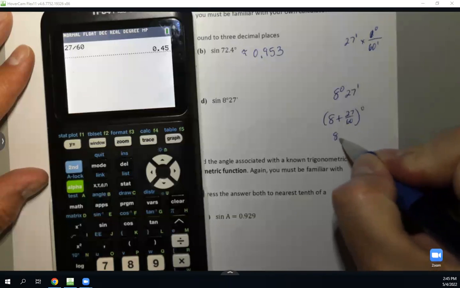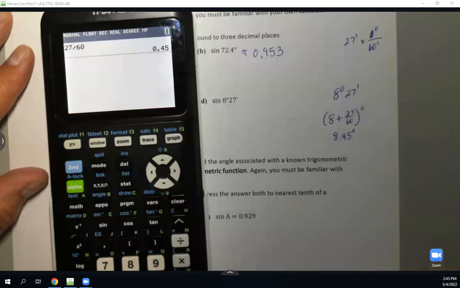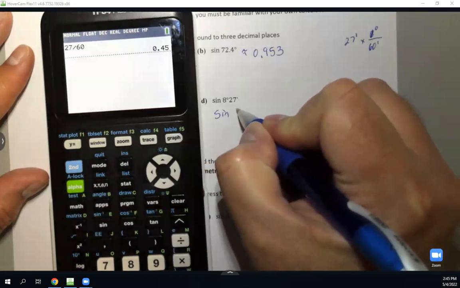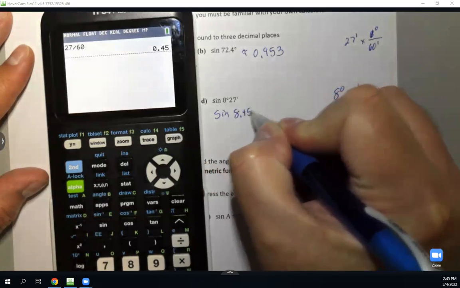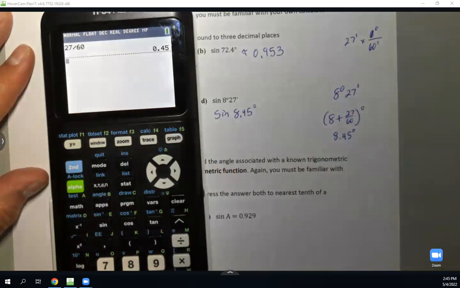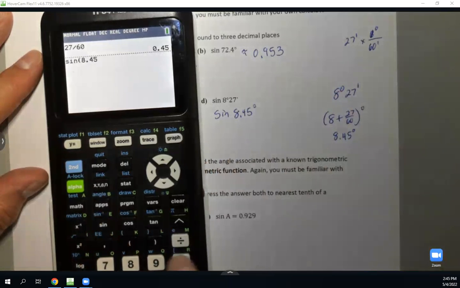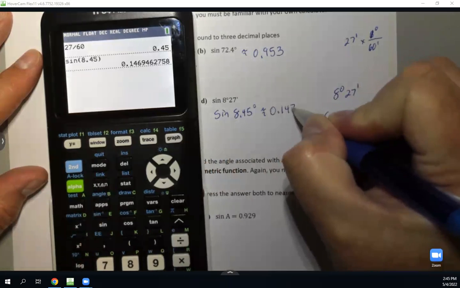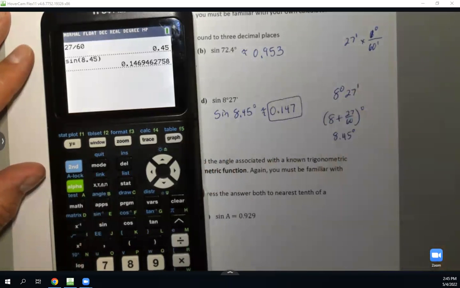So this would really be 8.45 degrees. So I'm really finding the sine of 8.45 degrees, and that's about 0.147. Is that hard?